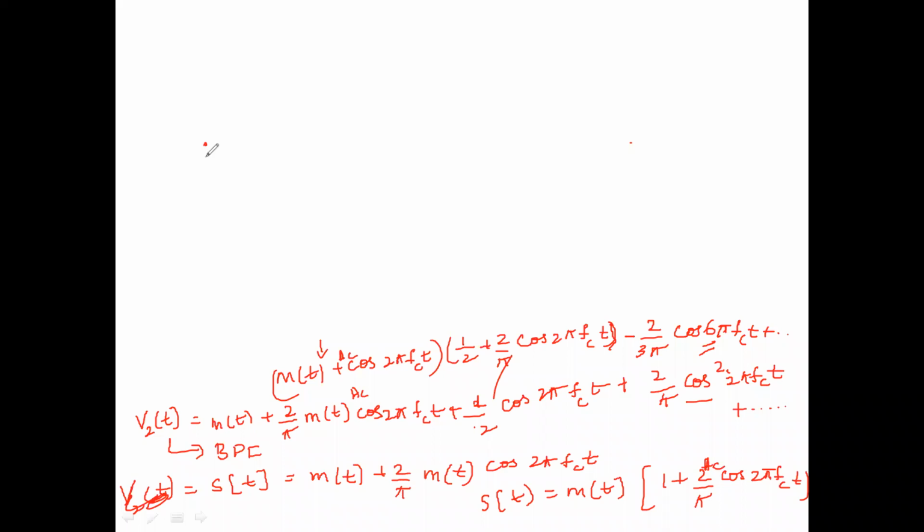So now what is your s of t equation? s of t is equal to m of t into 1 plus 2 into Ac by pi cos 2 pi fct.